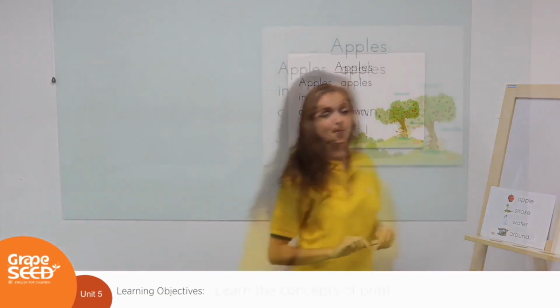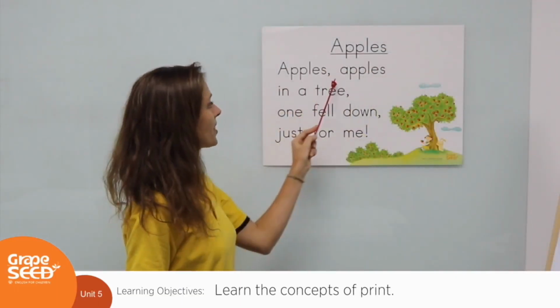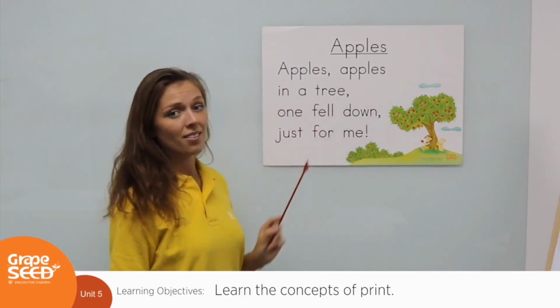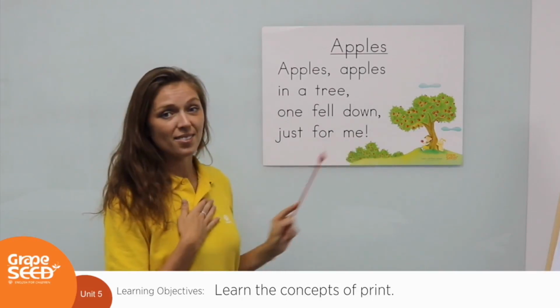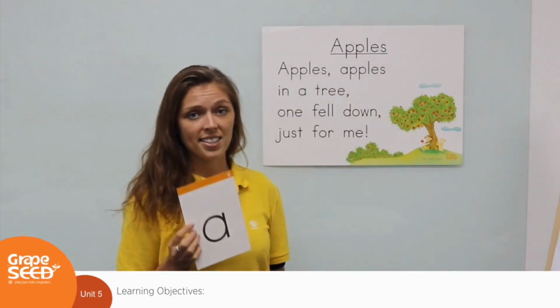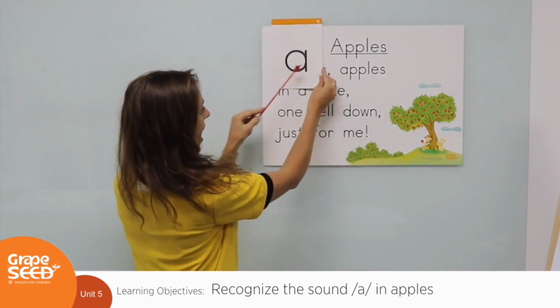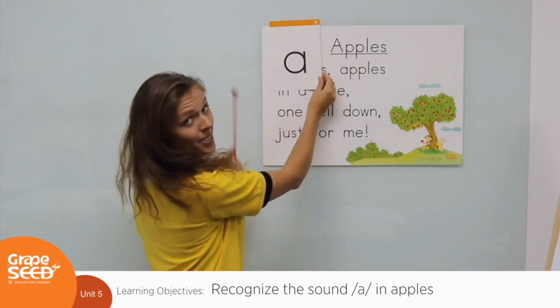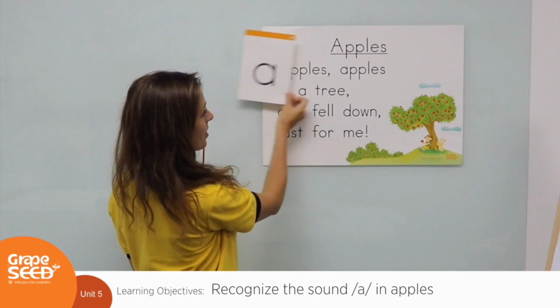Let's read the poem. Apples, apples, apples in a tree. One fell down just for me. Let's find the A sound in the poem. A, apples. A, apples.